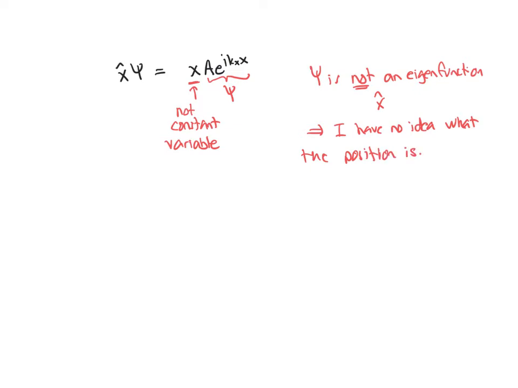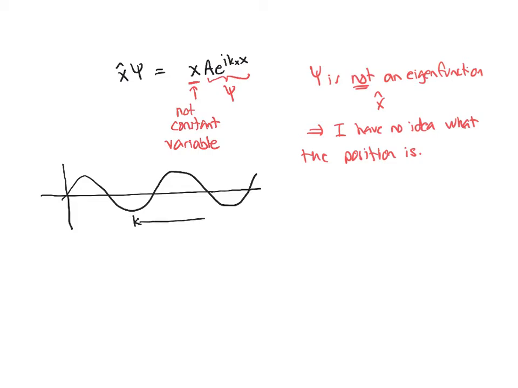To make sense out of this, let's take a look at what this wave function looks like. If I draw this wave function, it's really just sines and cosines. As a stationary state, it looks something like this. And remember that for a wave, the wavelength is related to the momentum.